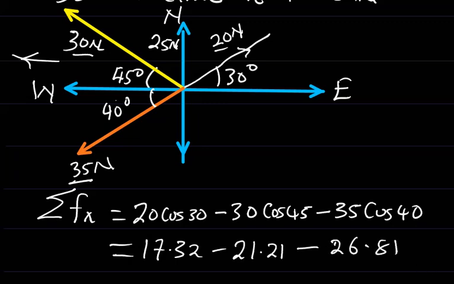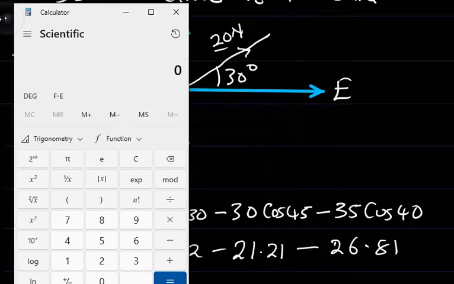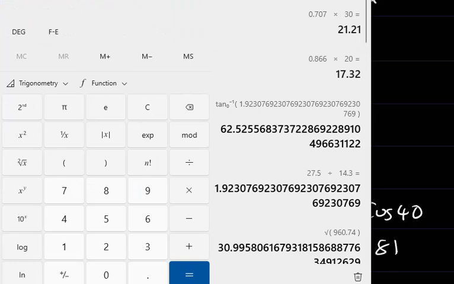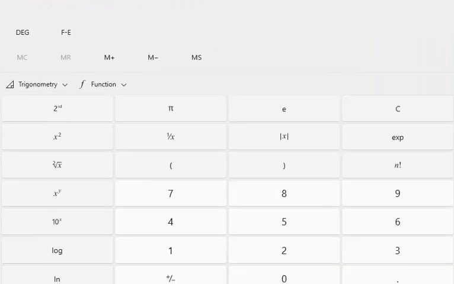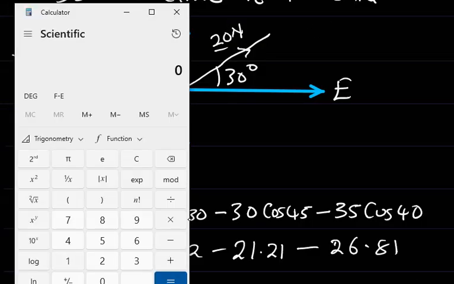Okay, so let's add up. 17.32 minus 21.21, then minus 26.81.